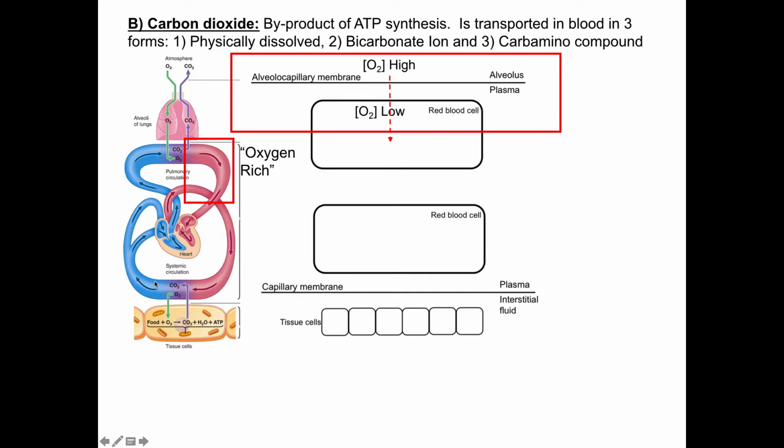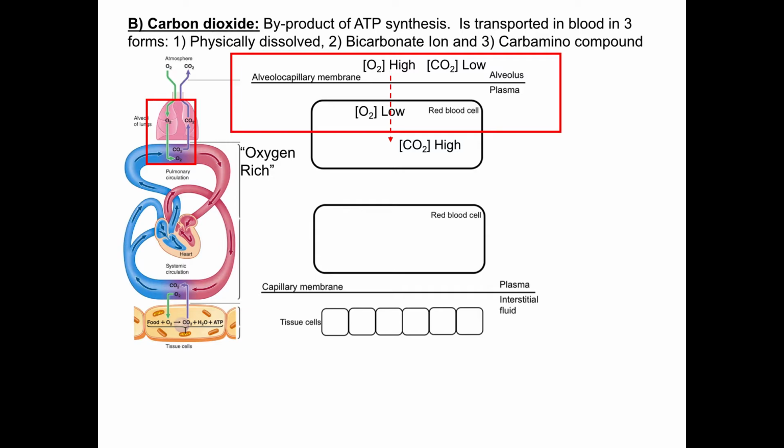All right. What about CO2? Well, this blood that's coming back to the pulmonary capillaries, the concentration of CO2 is higher than the concentration of CO2 in the air in the alveoli, in your lungs. So once again, how do these things move? They are nonpolar.